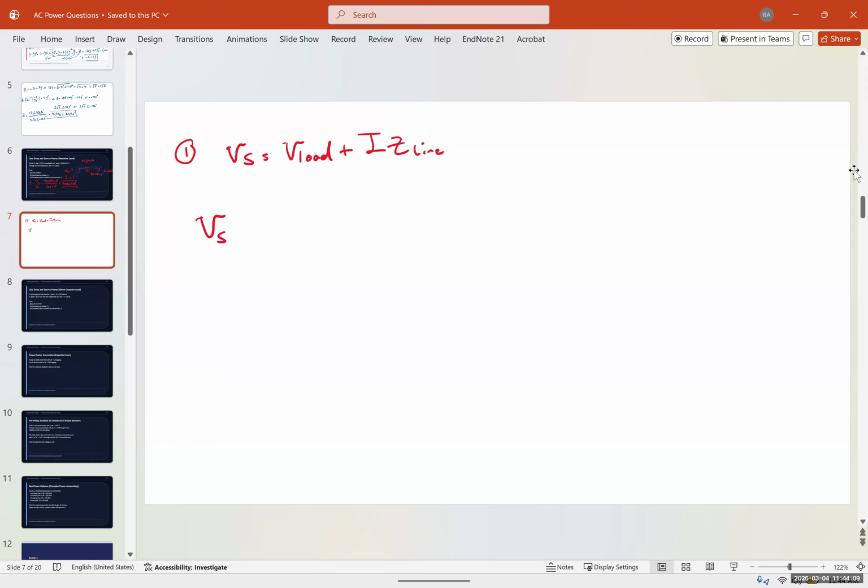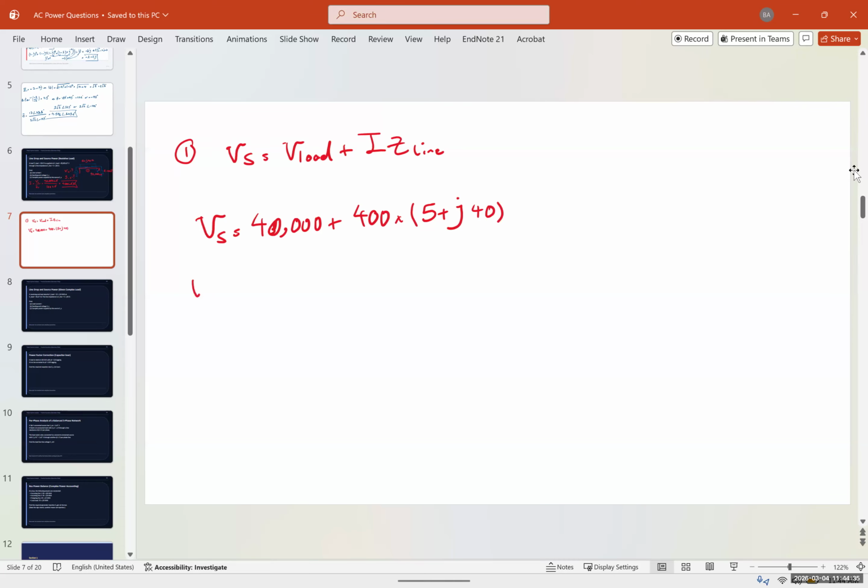So Vs would be equal to 40,000 plus 400 with a degree of 0 degrees, so it's going to be 400, and we don't have any j because the degree is 0 degrees, times Z line, which is 5 plus j40.